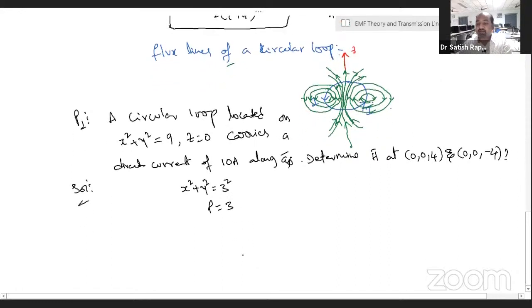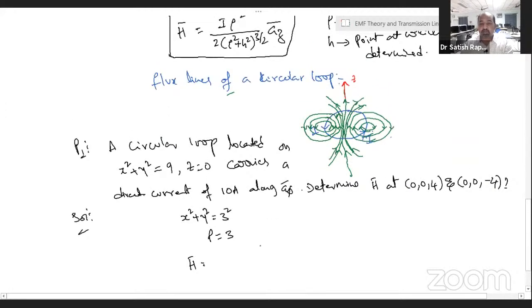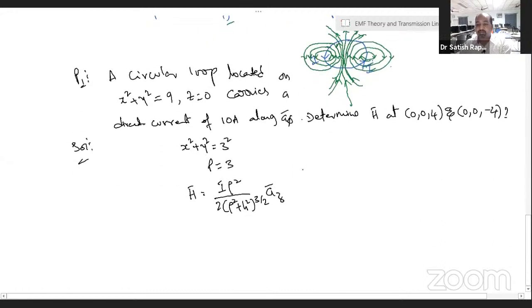The magnetic field due to a circular loop is given by I rho square by 2 into (rho square plus h square) power 3 by 2, a z bar.